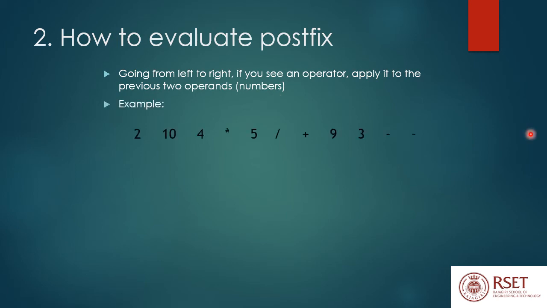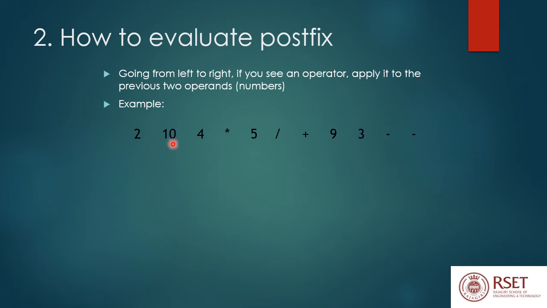So an example: I have a postfix expression here. Towards the end I'll show you the infix expression corresponding to this. How did you get this postfix from that infix? You can apply the algorithm that we have studied to get an idea of what has happened. According to this algorithm, we keep moving from left to right. You see a number, fine.